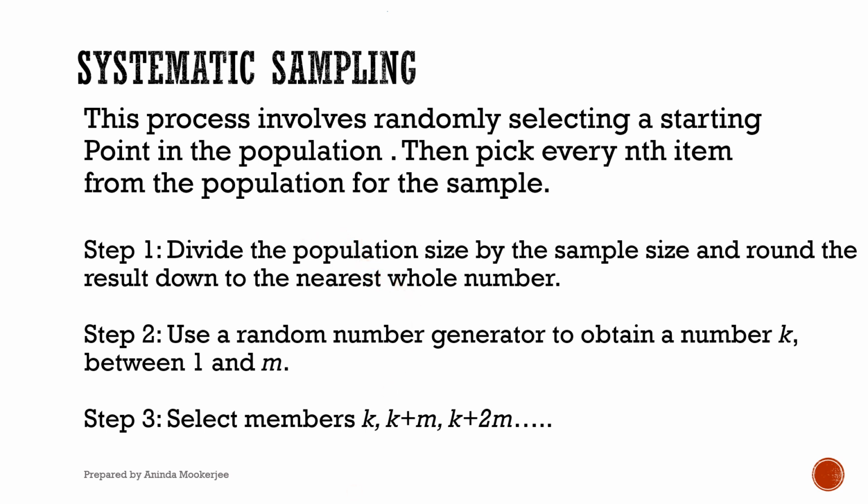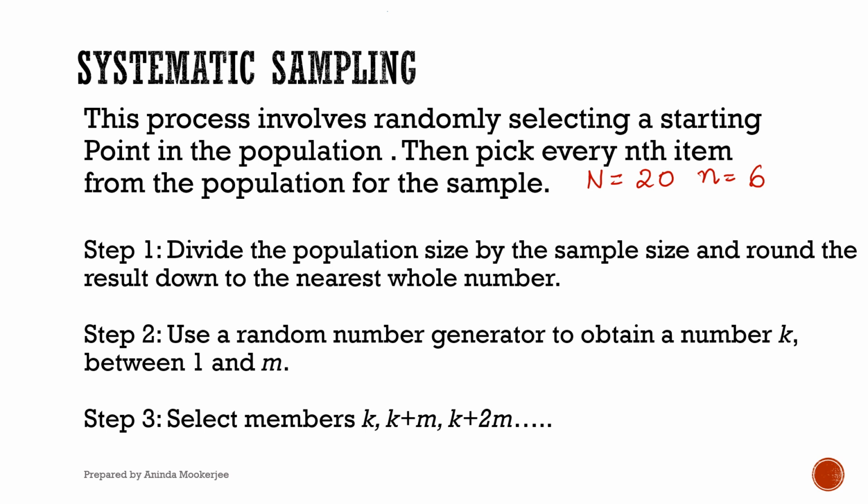Let's say I have a class size of 20 students. All right, so my population N is equal to 20, and from my class of 20 students, I want to select a sample size of 6. So out of 20, I want to select 6 students.